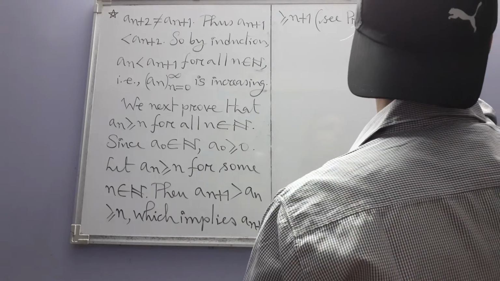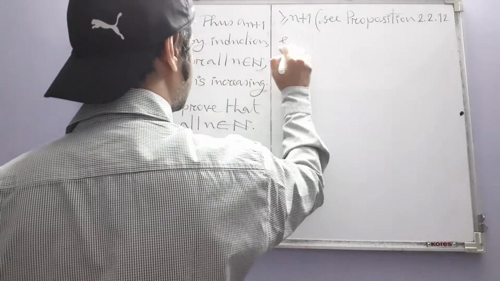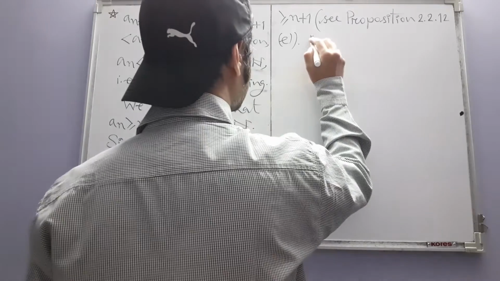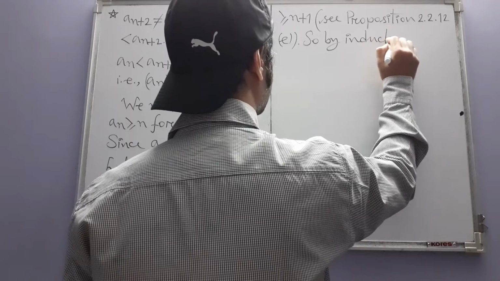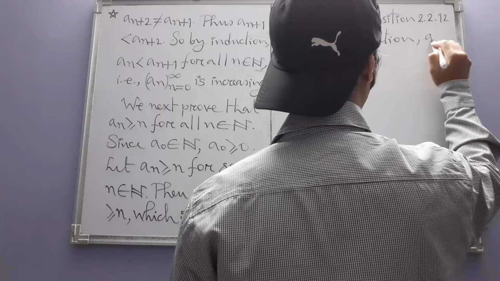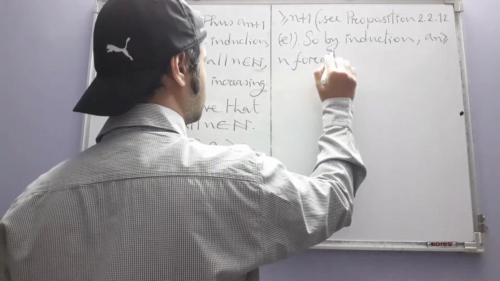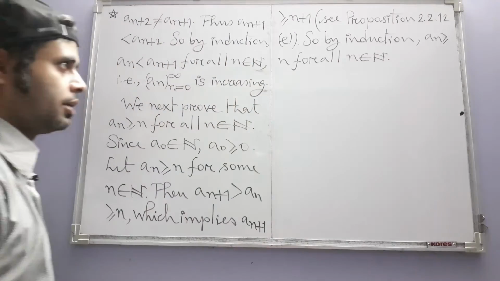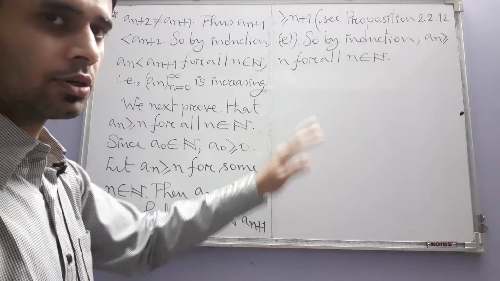See proposition 2.1.2 part E. So that's just it. So by induction, an is greater than or equal to n for all n belonging to N.